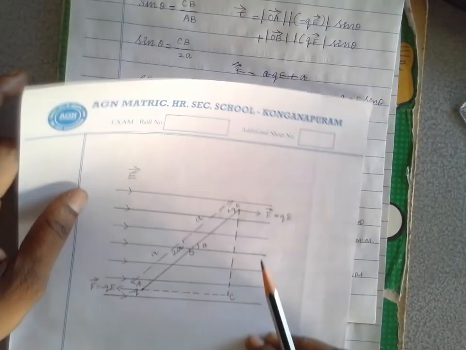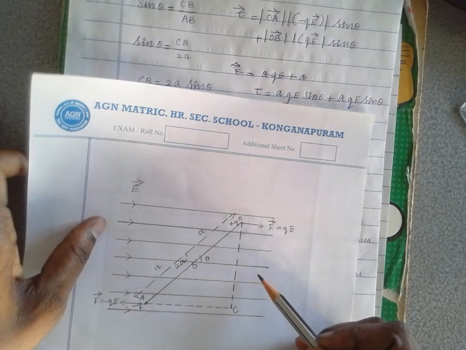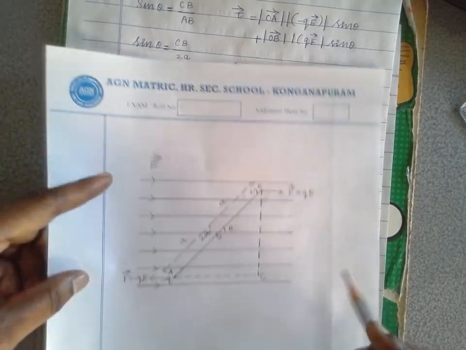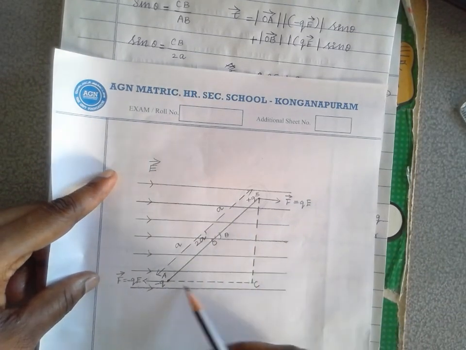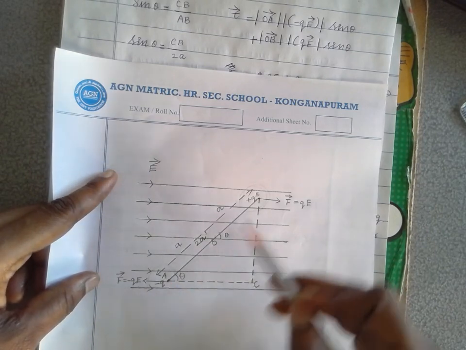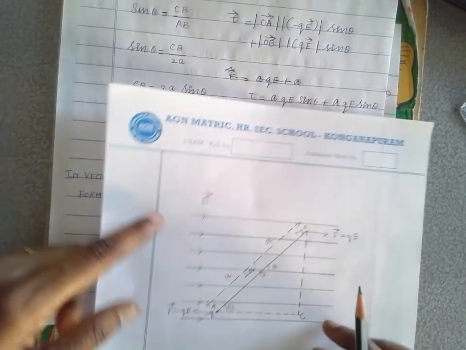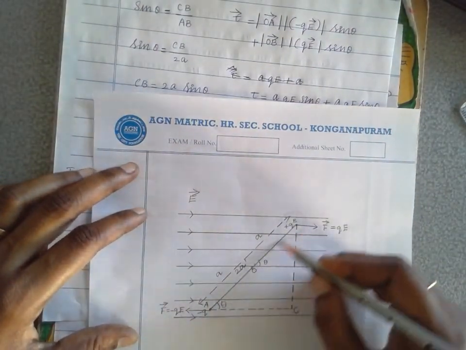According to this description and based on the definition of torque, I am going to derive the expression from the triangle CAB. From the triangle CAB, sin theta is equal to opposite side divided by hypotenuse.